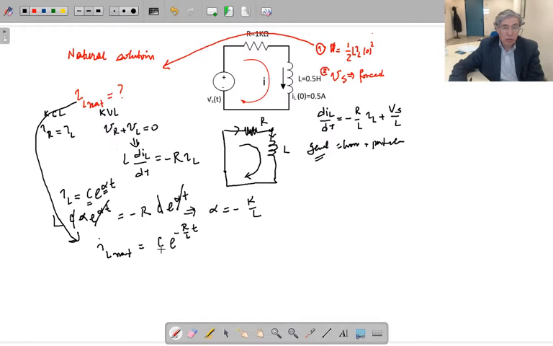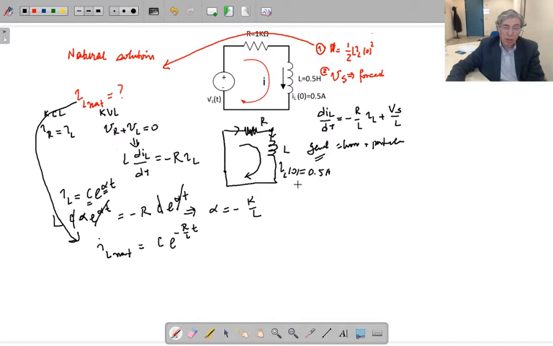I am going to use the initial condition, because we said the natural solution is calculated when the independent source is deactivated and the initial conditions are in. So that means IL(0) equals 0.5 amp is in. That is the energy source. I'm talking about the representation of this energy source coming from this initial condition. So I will be using this.